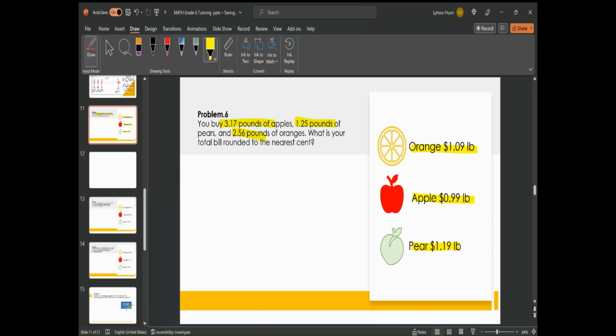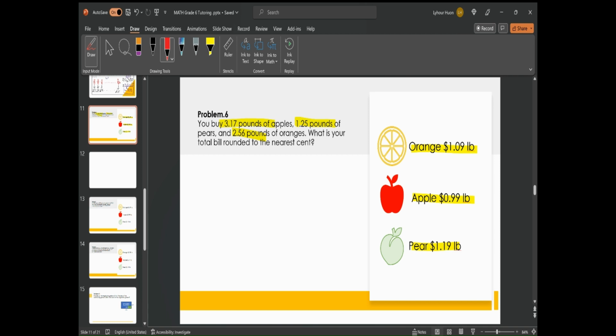And then what is the total value? So first of all, what do we do? We multiply. The concept is, to find the total bill, we need to find each cost: cost of apple, cost of orange, and cost of pear, right? And then we add them together, that is the total bill.